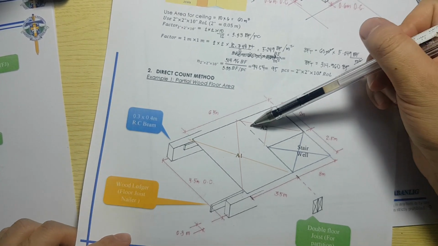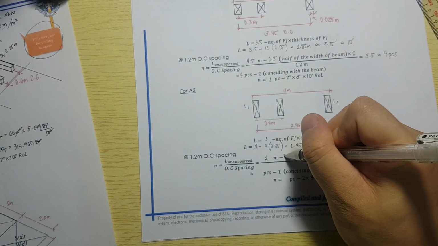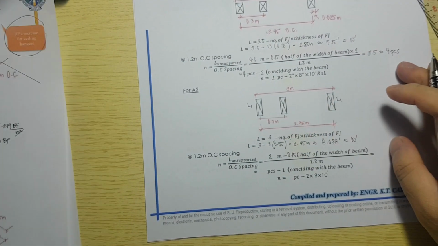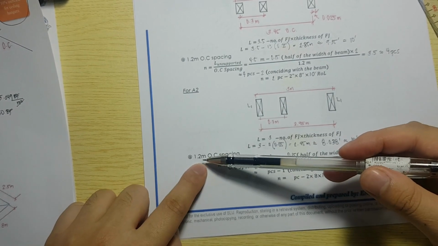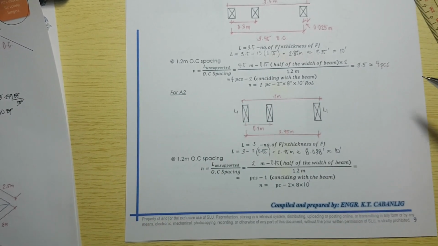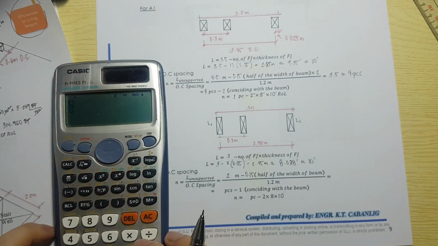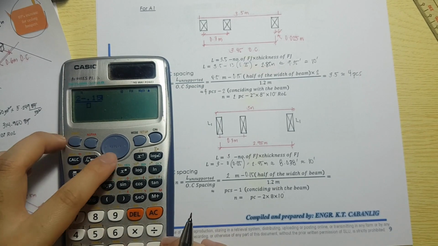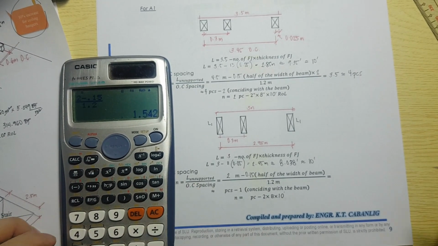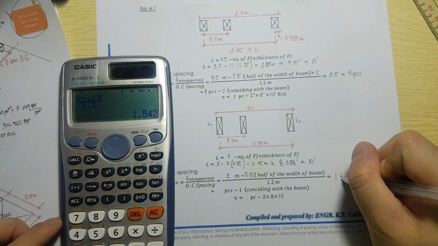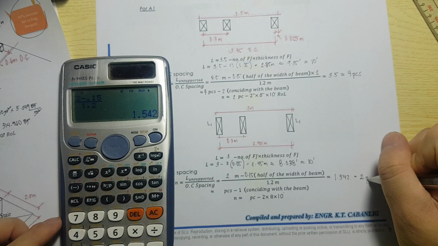That's why we are only going to subtract 0.15. So 2 minus 0.15 times 1 lang siya divided by the spacing of the bridging, which is 1.2 meter on center. Therefore, that is equivalent to 2 minus 0.15 divided by 1.2. And that is equivalent to 1.542, or that is equivalent to 2 pieces.